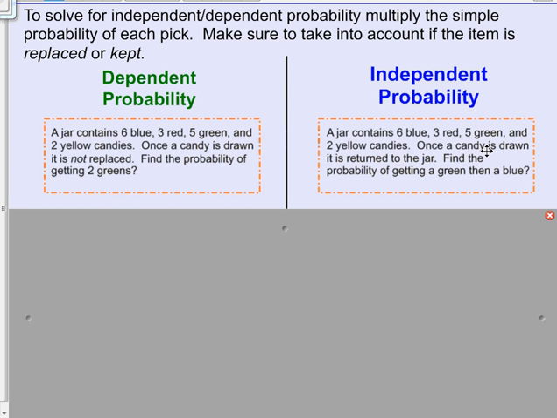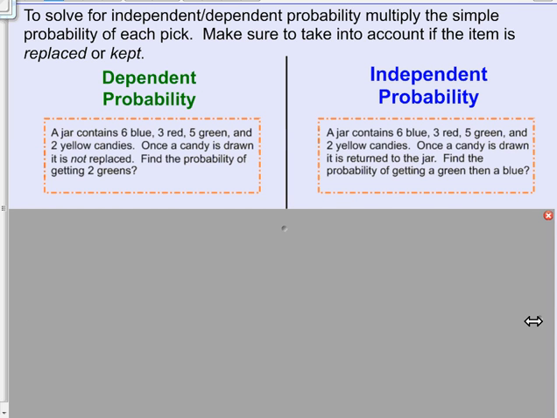In order to solve this, we need to figure out our sample size. How many candies do we have in all? Well, 6 plus 3 plus 5 plus 2 is 16. So that's how many candies I have in all. The probability of getting a green would be 5 out of 16. And then because my sample size isn't changing at all, a blue would be 6 out of 16.